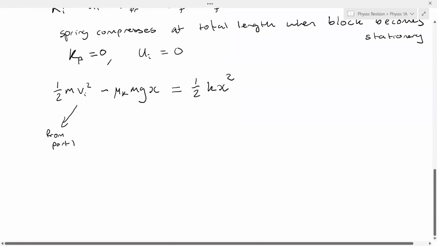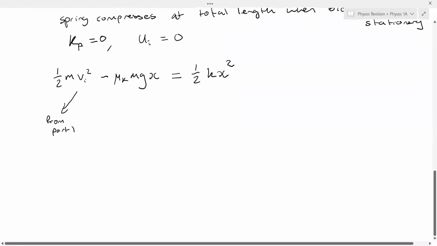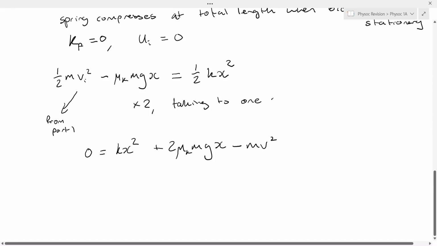And then it's just rearranging to figure out x. So we can times everything by 2 and take it all to one side. So 0 is equal to k x squared plus 2 mu k m g x minus m v squared.